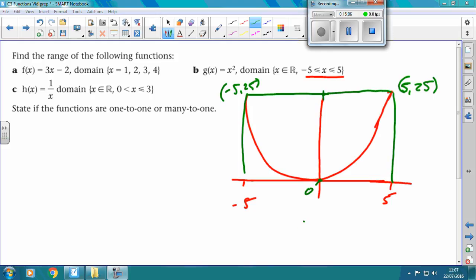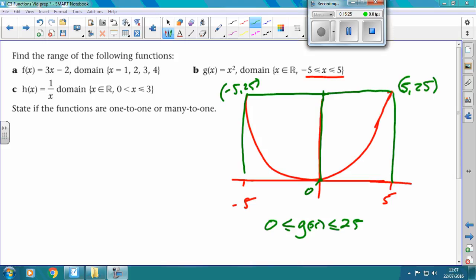So we say that the range of g of x is less than or equal to 25, and it goes down to 0. So the y values go from 0 up to 25. So that's the range of values.